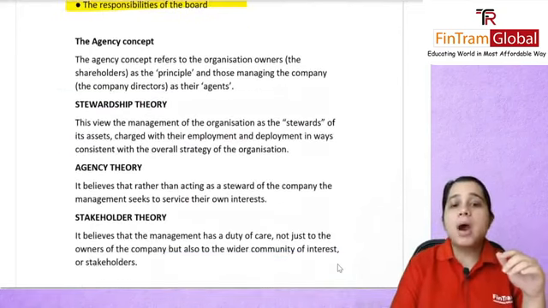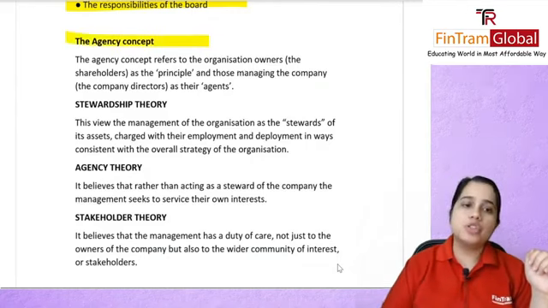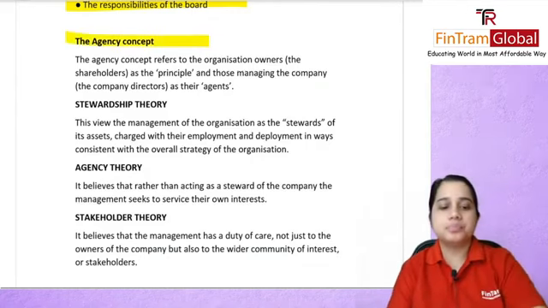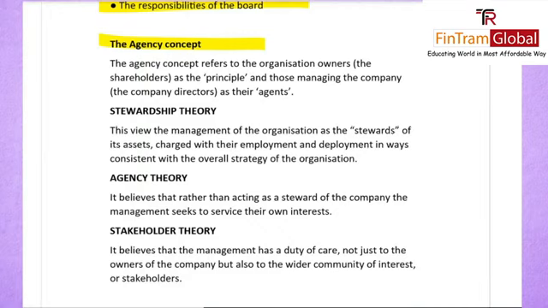Then we had talked about the agency concept. So what did we cover in this? Here we said this refers to the organization's owners, who are your shareholders, they will be the principal, and those who manage the company, the directors, act as the agents, right? They are working for these principals or the shareholders.